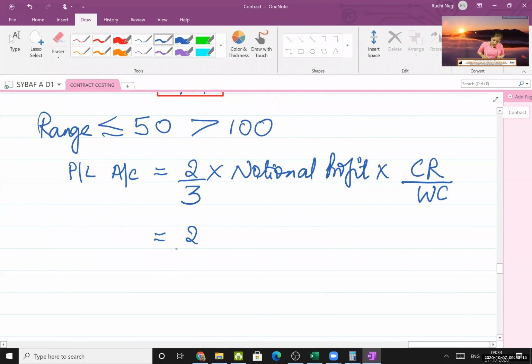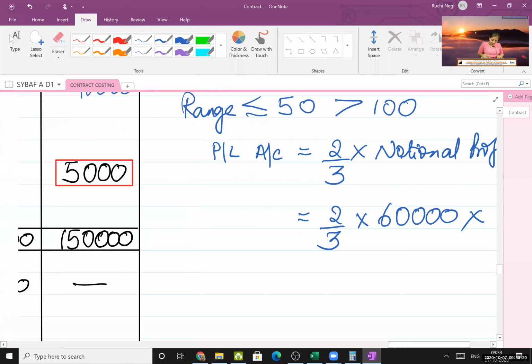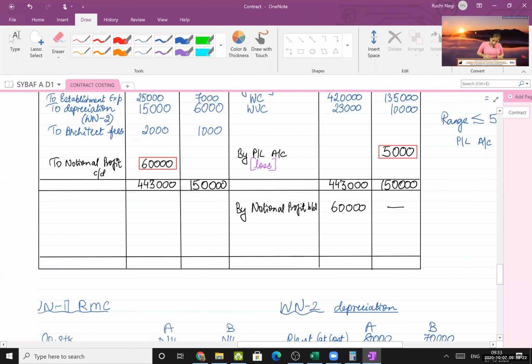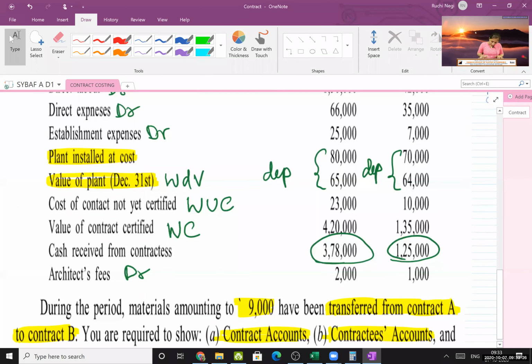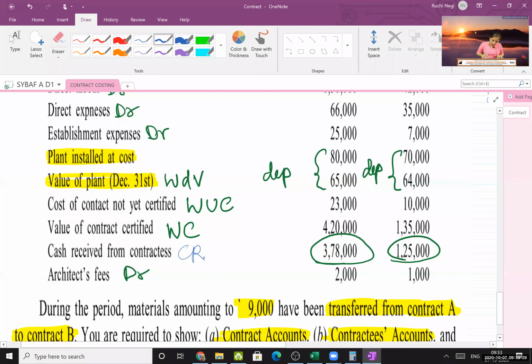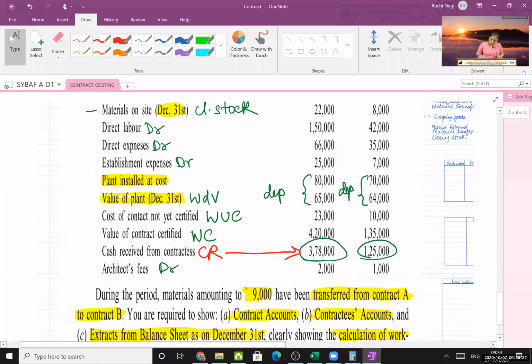Calculate 2 by 3 into 60,000 into. Now check your cash received is how much? It's given in the question. This one is cash received information, 3,78,000.